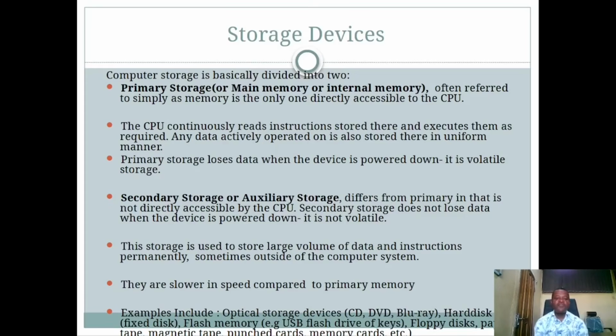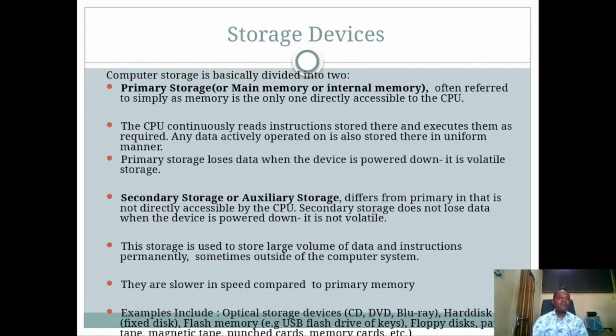We have the flash memory, which includes USB flash drive or keys. We have floppy disk, paper tape, magnetic tape, punch card, and memory card. These are all examples of storage devices that fall under secondary storage.